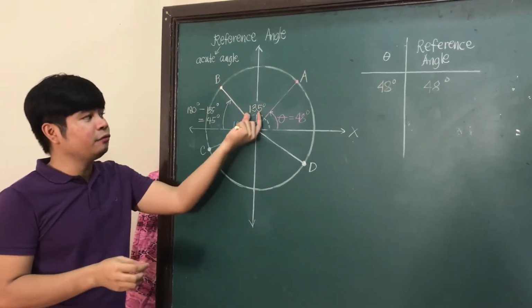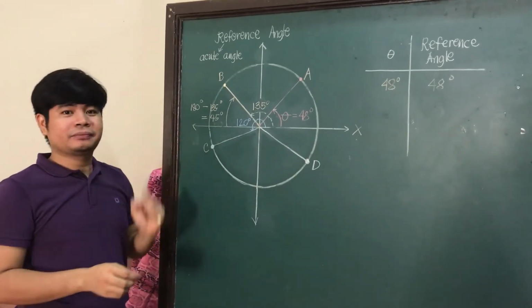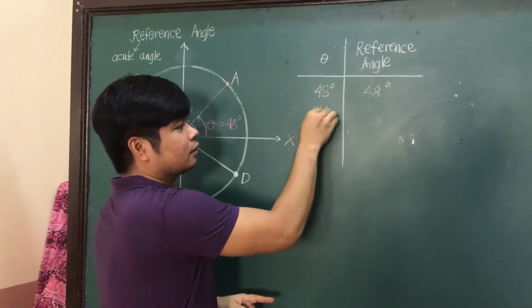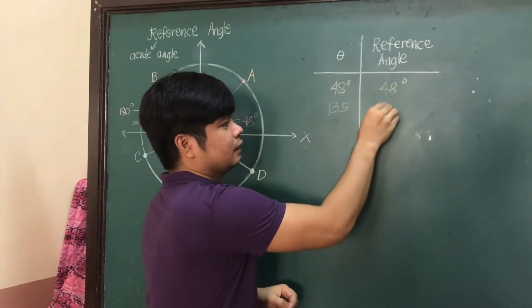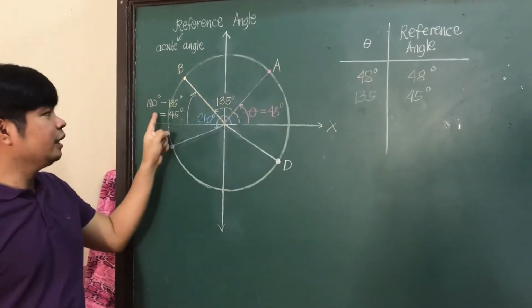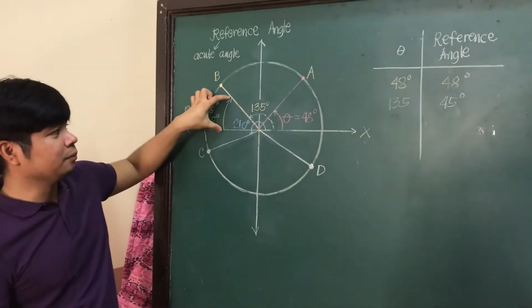You just need to subtract 135 from 180 degrees and that's it. So when the given is 135 degrees, the reference angle is 45 degrees. What is the clue? When you add these two, it will give you 180 degrees. So that 45 degrees is the smallest acute angle formed here.